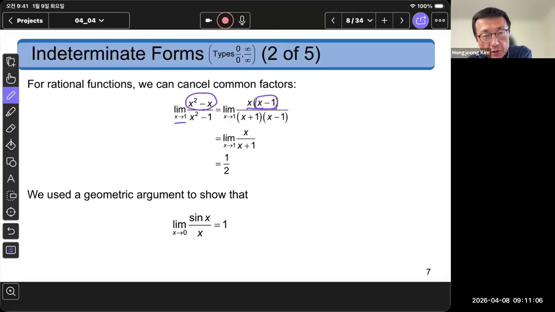So if I consider the derivative of the numerator, when I differentiate x^2, you get 2x, right?